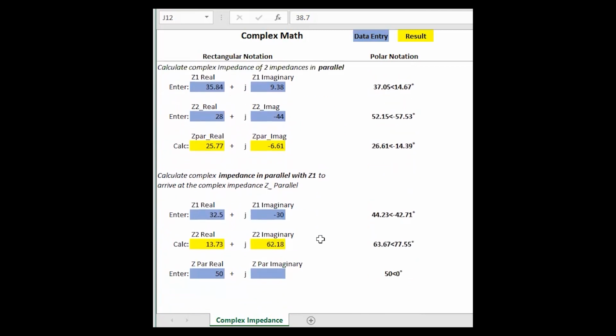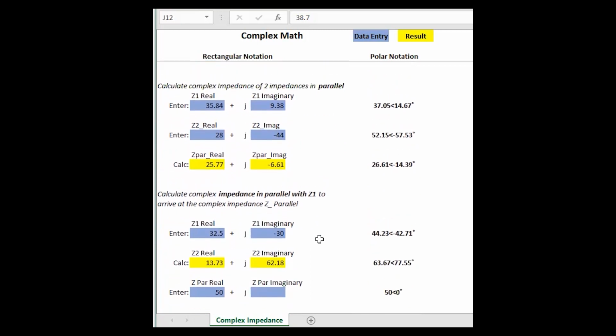Now I'm gonna play a little game with you right here. Remember on our last diagram screen, we asked the question, what do I need to calculate? What number do I need to go to the Smith chart with in order to make that impedance at the antenna 50 plus J0? That's what this last little block here is for.